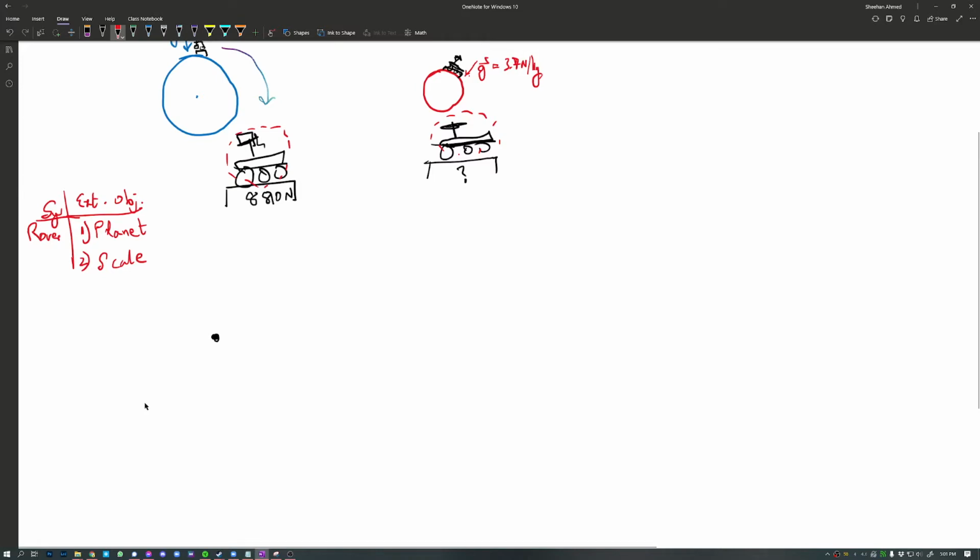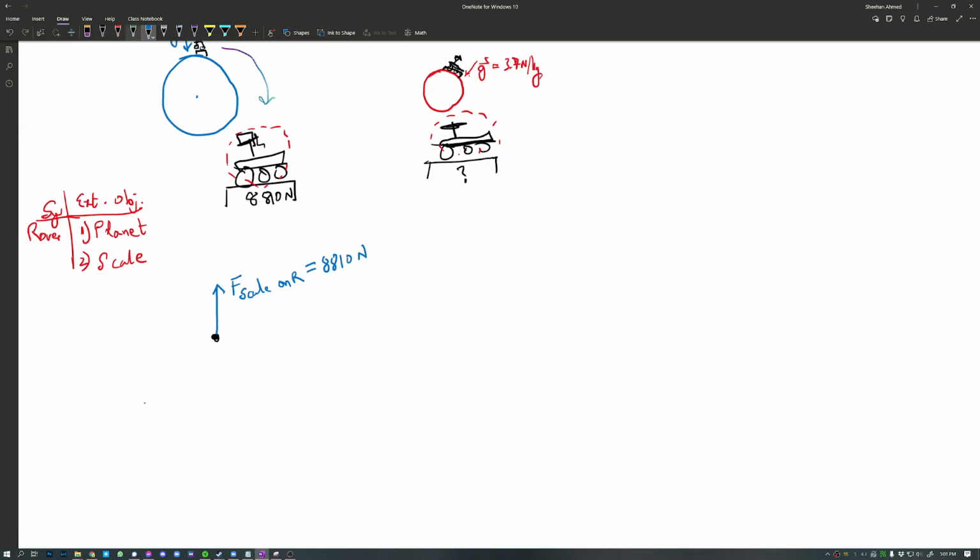Okay, that informs us that our force diagram definitely needs to have only two arrows, not more, not less, just two vectors. So let's see. If I draw the first one, the scale is touching the rover from the bottom. This is the force that the scale exerts on the rover, and we are given a value for this, 8810 newtons.